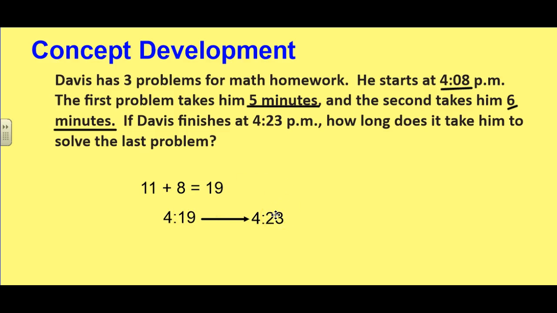So really you can just count this in your head starting at 19 and go 20, 21, 22, 23. So that tells us that it took him 4 minutes to solve the last problem, because that's how long you get when you're counting from 19 to 23. So this had quite a few steps in it. You just have to figure out what your starting point is and where to go from there.